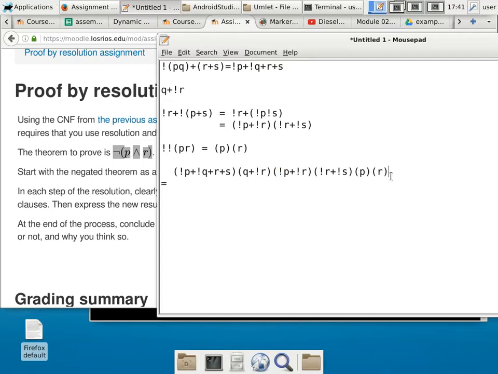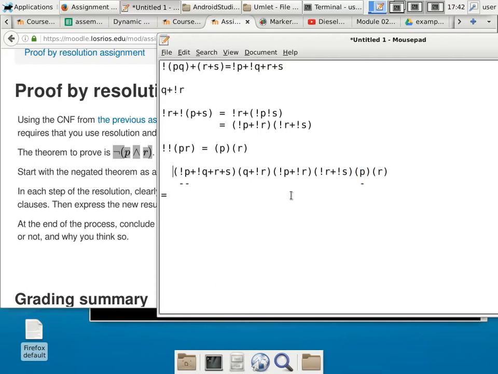So let's just do something that is not as productive. As I specified in the homework assignment, you need to tell me which variable is being used for resolution. So I'm using a single underline to indicate the not P of the first clause is being used to resolve with the P of the second last clause.